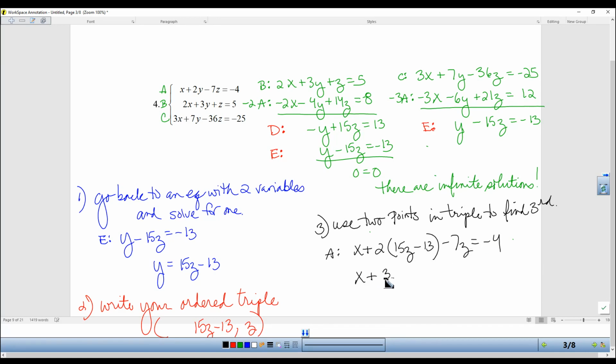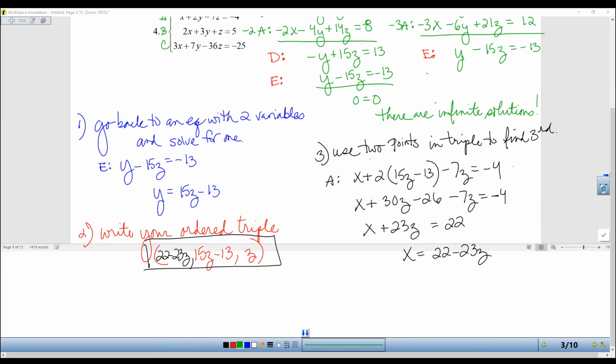So I get x plus 30z minus 26 minus 7z is equal to negative 4. x plus 23z, I'm going to add 26 to both sides, which is 22. And so x is equal to 22 minus 23z. And now I can fill that in. x is 22 minus 23z.